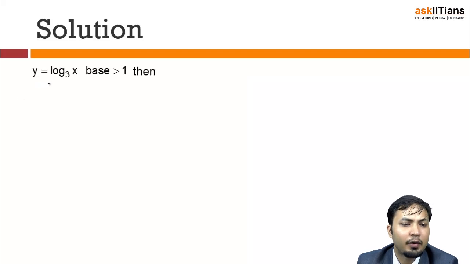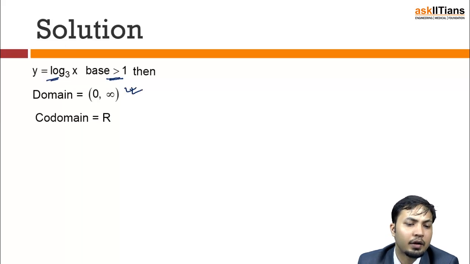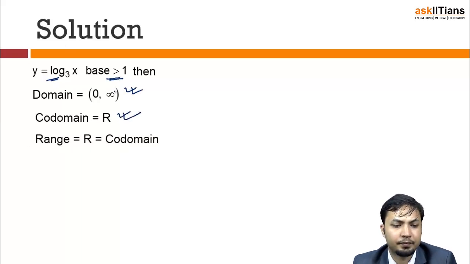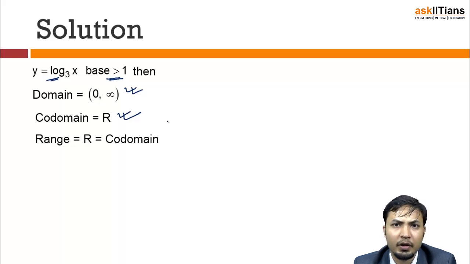First I have my y is equal to log base 3 of x, base is greater than 1, then the domain I have is given from 0 to infinity. So my codomain will be equal to R, then the range is equal to R, which becomes my codomain.